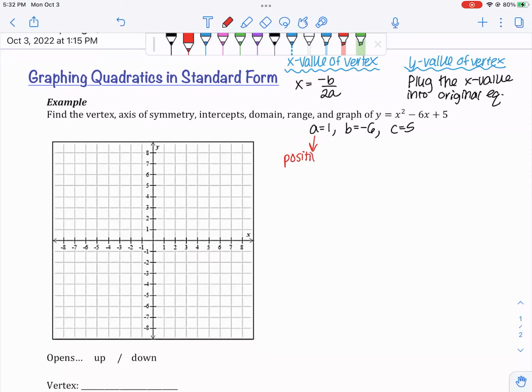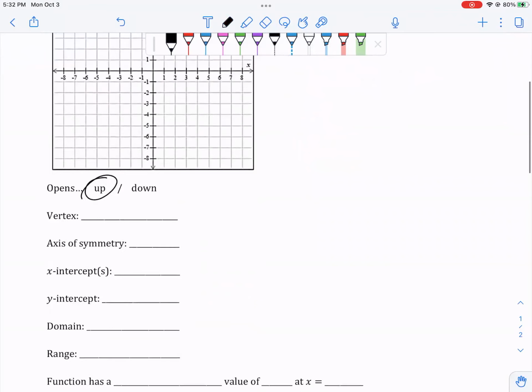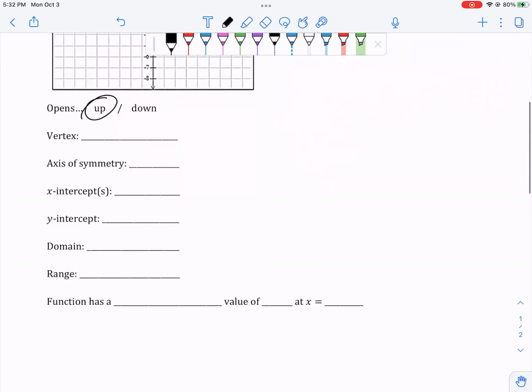Positive means it opens up because happy people are up all the time. They're happy. Makes this shape here, which means there's going to be a minimum. Forgot if I even put that on there, but it will have a minimum. Opens up. The function has a minimum value.